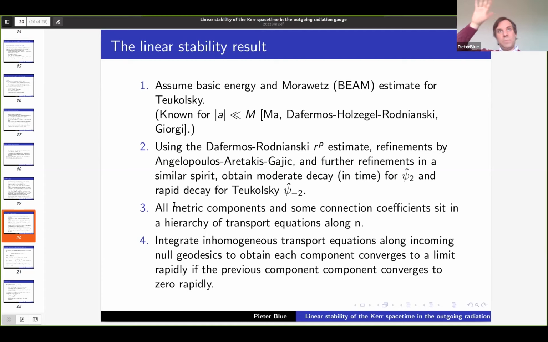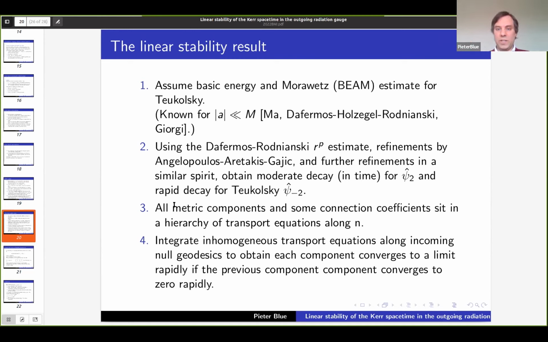Because we've got this complexified structure from GHP, we've only got 3 metric components to construct. So start with Teukolsky, integrate once to get one connection coefficient, integrate again to get a metric coefficient, and then roughly speaking, integrate a third time to get another metric coefficient, and integrate a fourth time to get the final metric coefficient.